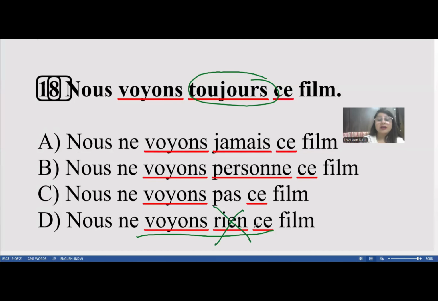No, because rien means nothing. Nous ne voyons pas ce film. We don't see this film. No. Nous ne voyons personne ce film. No, it's not even a correct sentence. So, nous ne voyons jamais ce film. We never see this film is the right option because they are saying nous voyons toujours ce film. We always see this film. We never see this film, right? So A part is the correct option.